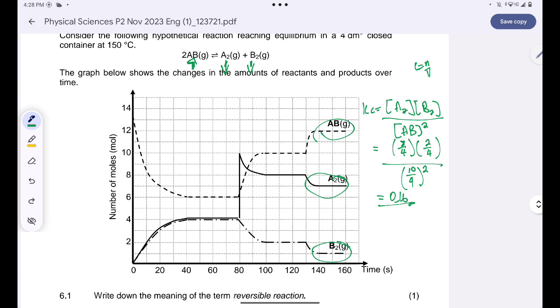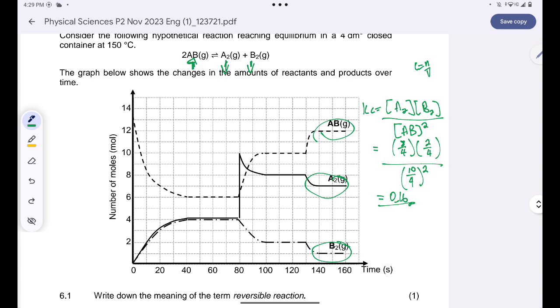In an endothermic reaction, if you decrease your temperature, you will always decrease the Kc value. Why am I saying that? Because whenever you decrease your temperature, you will always favor the exothermic reaction. In this case, the exothermic reaction is the reverse reaction. Whenever the reverse reaction is favored, you are decreasing the products and increasing the reactants. That's why the Kc value will decrease.